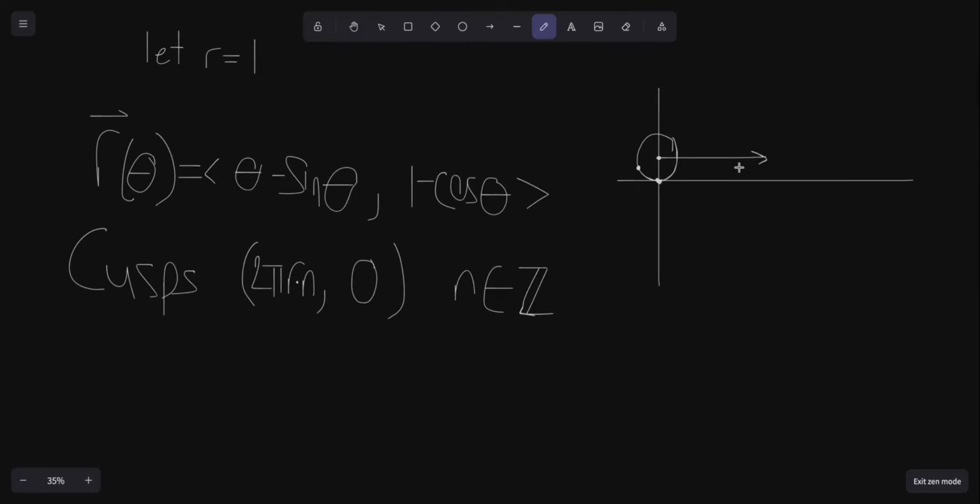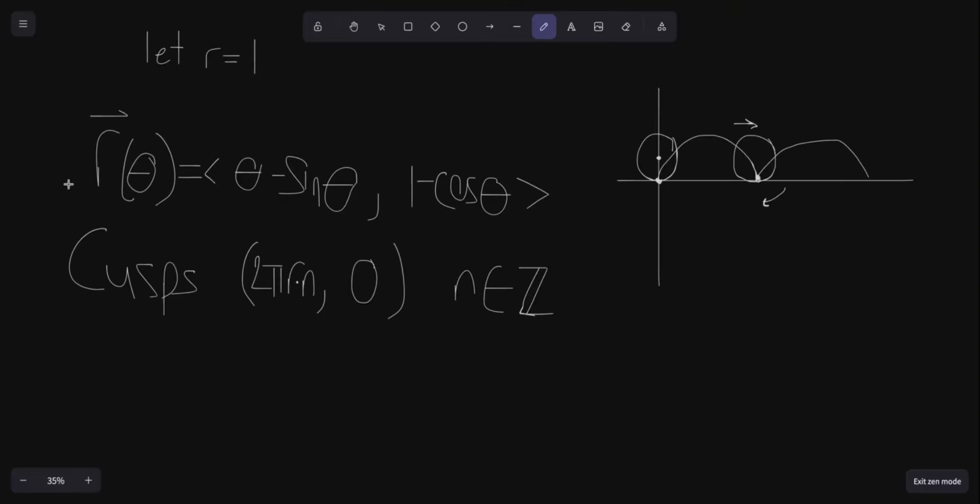Well, at that specific point where the circle reaches the cusp, if we were to trace out the graph of this, notice how the rotational motion is kind of going backwards here, but that perfectly cancels out with the forward motion. So it creates these little peaks, or these little dips, in the function.